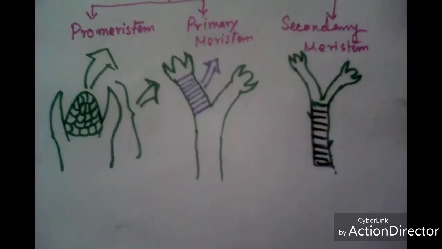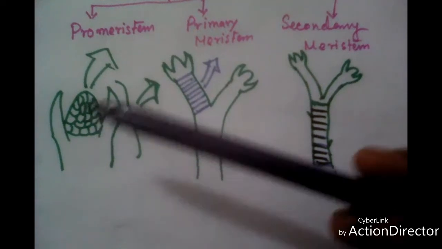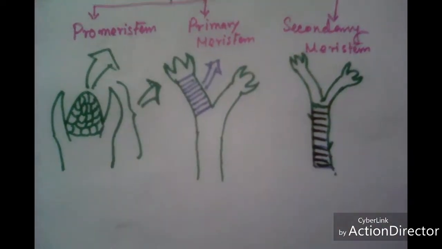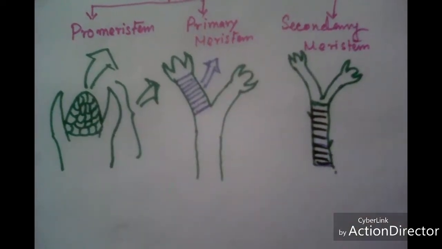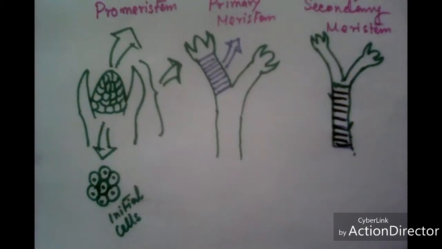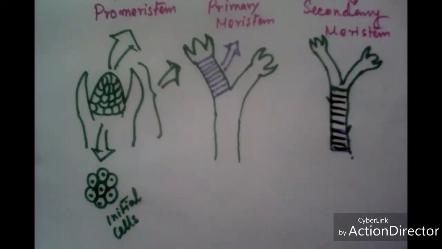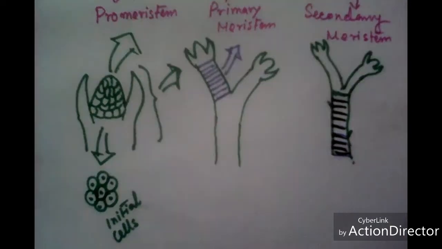So promeristem contains initial cells. Here we cannot differentiate cells, and primary meristem contains different types of cells. In the epidermis region, parenchymatous cells are present.